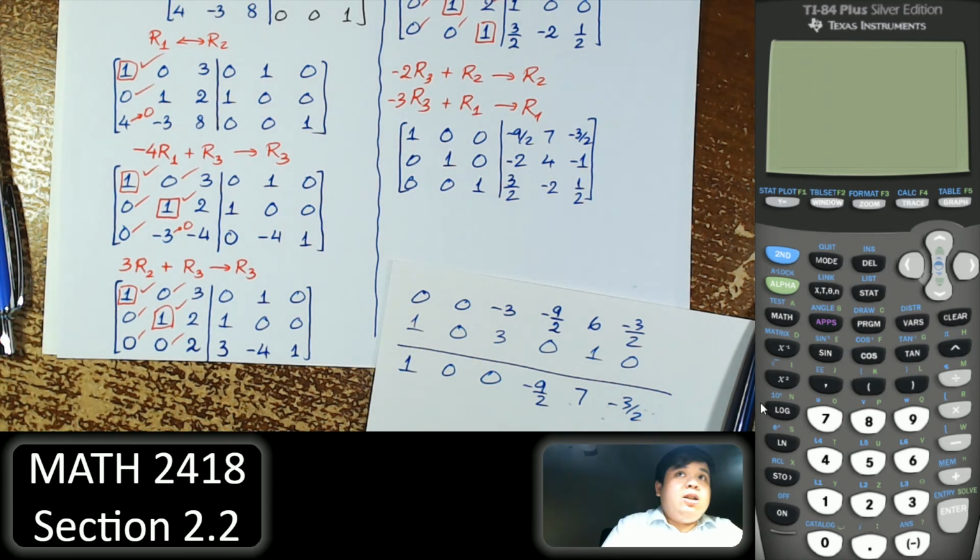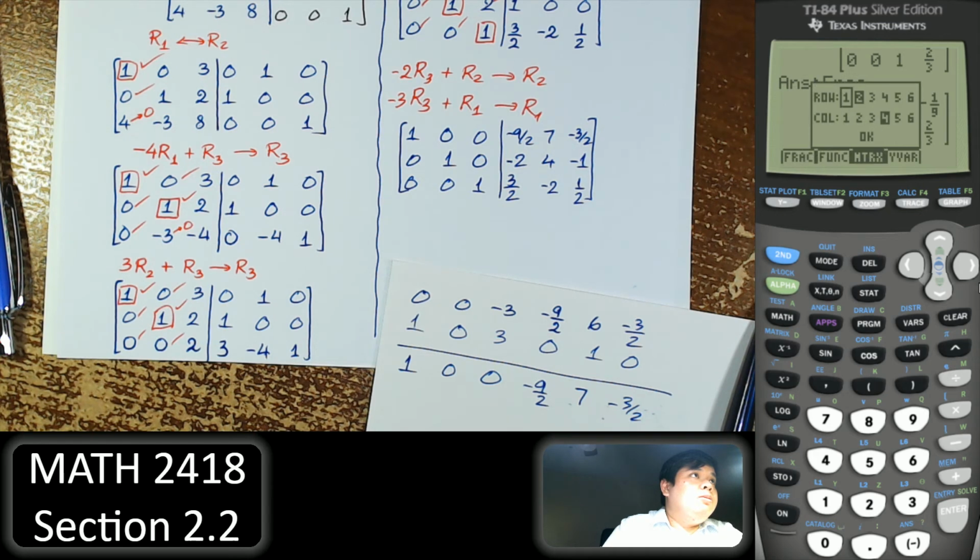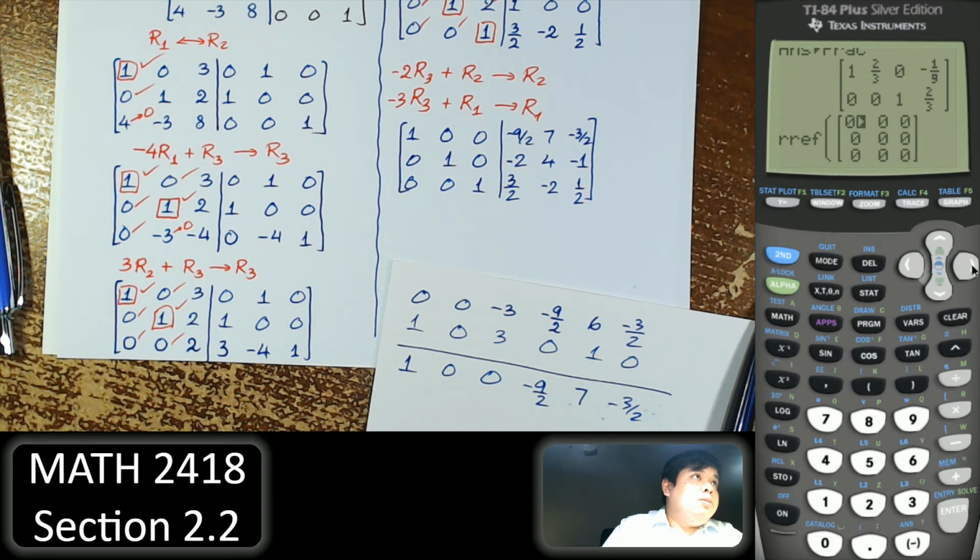All I do here, just enter the matrix and find the inverse, and hopefully I got it right. I just enter the matrix and hit inverse, so I don't even need the reduced echelon form.